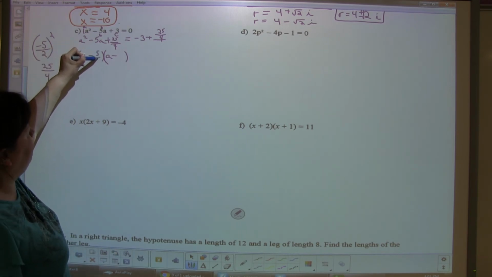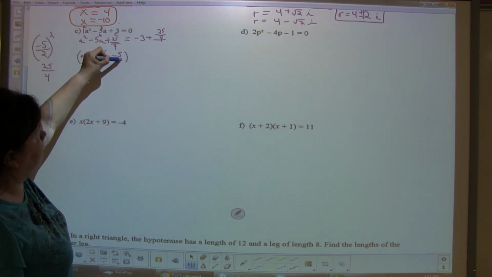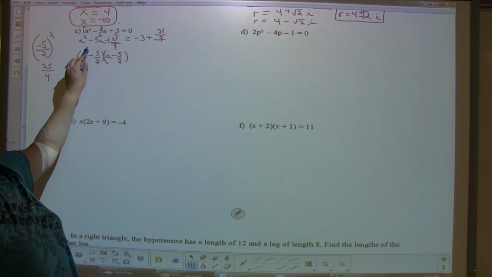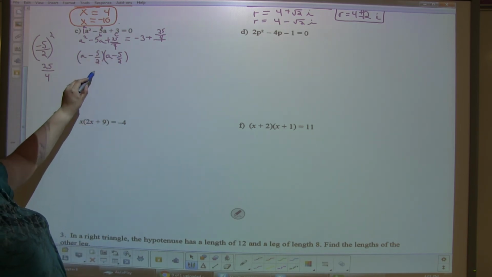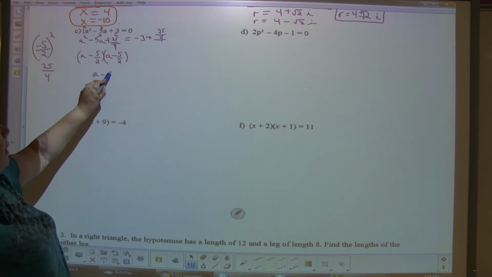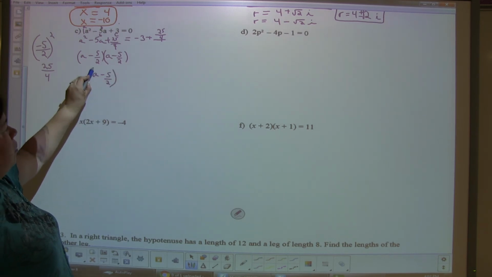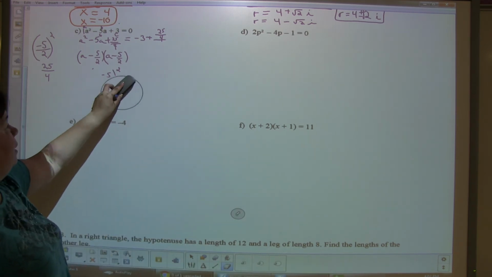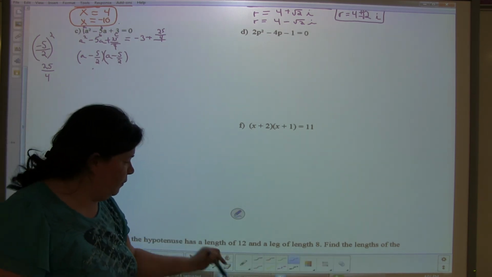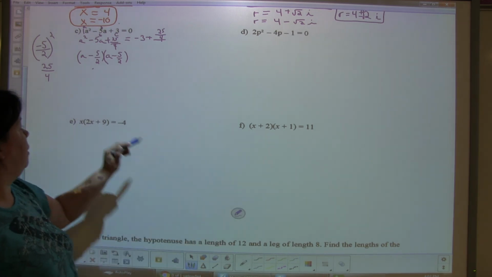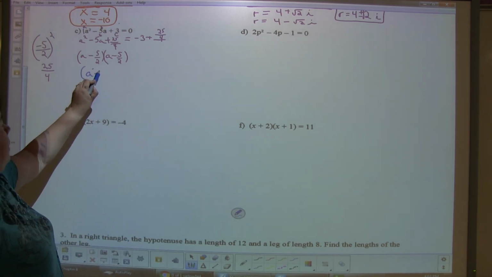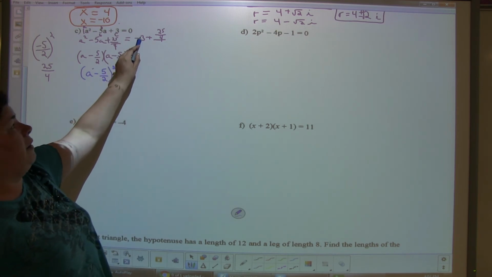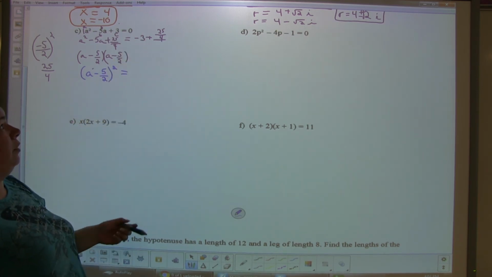So all I'm going to do is put that in, and to rewrite this in a perfect square trinomial in factored form, it's a minus 5/2 quantity squared. Let me rewrite that because that looks a little different than it's supposed to look. So we have a minus 5/2 quantity squared equals, now I have -3 plus 25/4.